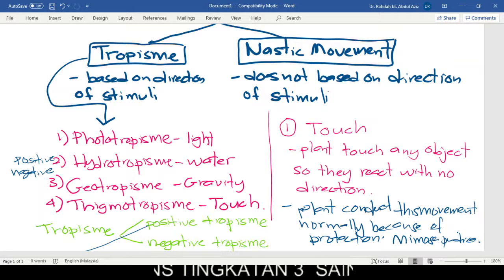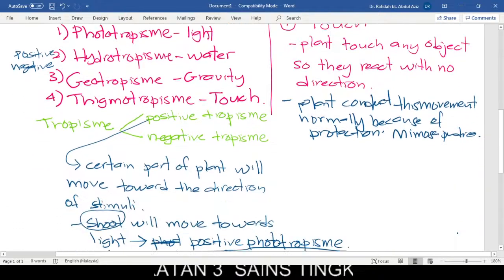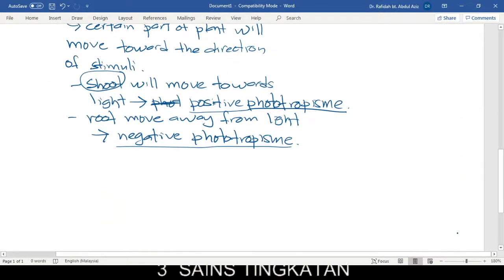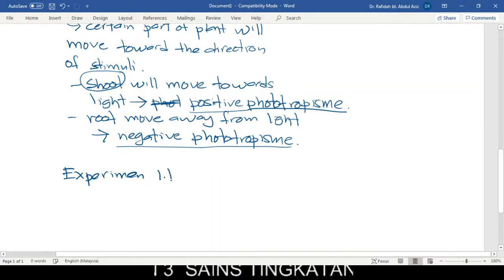So after this, I want all of you to look into your textbook and refer to the experiment on page 30 until page 33. Okay, experiment 1.1.